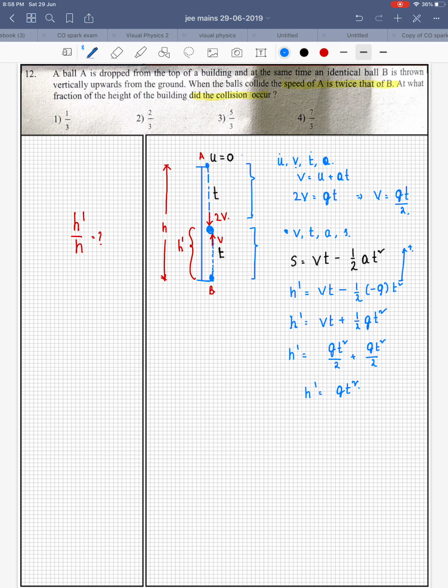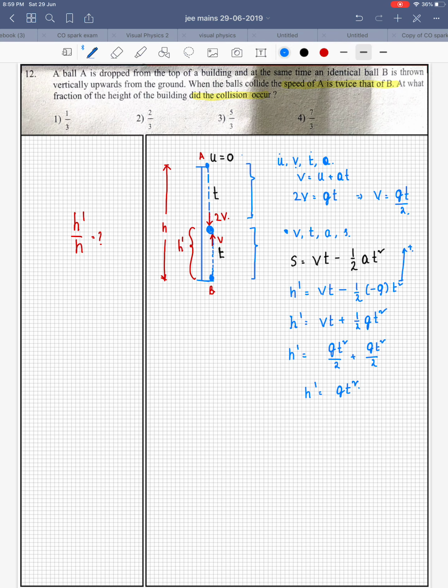For this particular interval, h is the total displacement traveled by A. I want s, I know a, and u is 0. Because it didn't complete the entire motion, I will not take this entire motion.